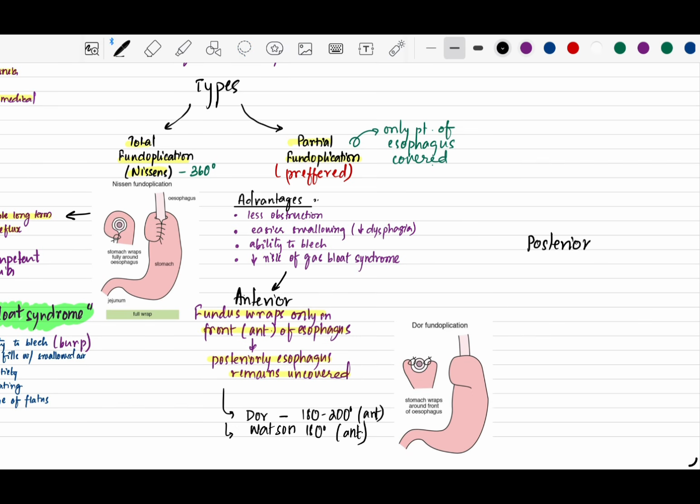Alright, so regarding posterior fundoplication, the definition is going to be similar to anterior fundoplication. It is just that in posterior, the fundus wraps posteriorly and the anterior esophagus remains uncovered.